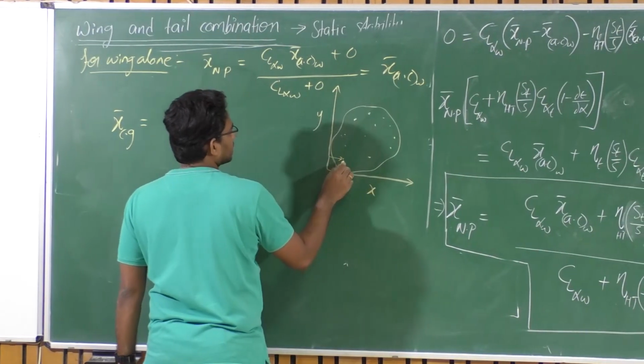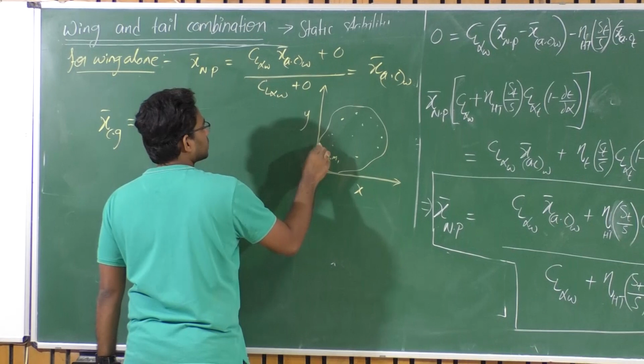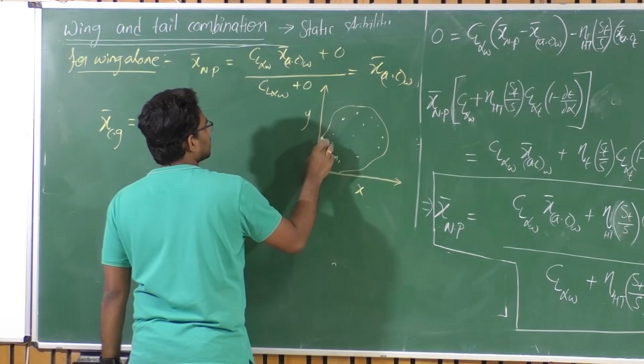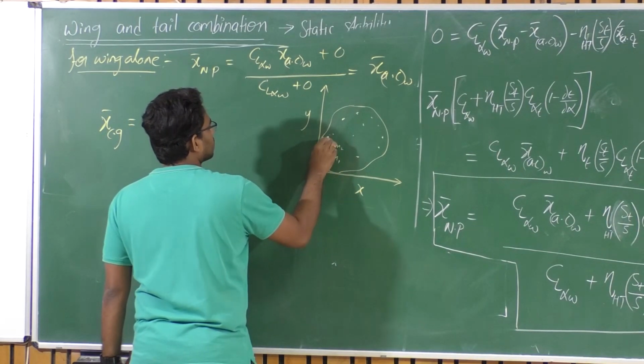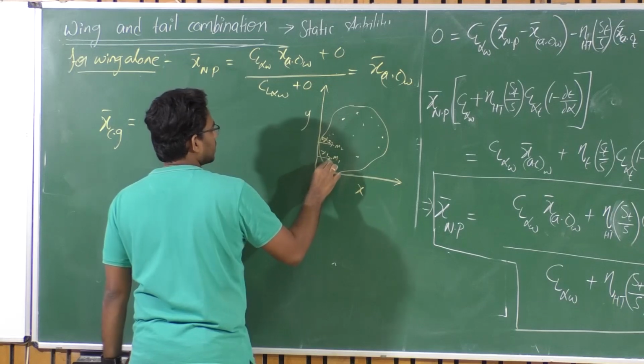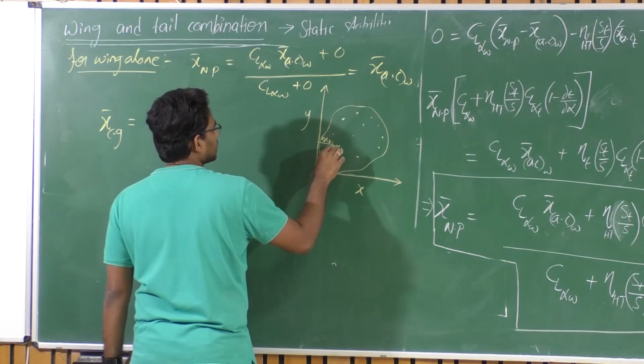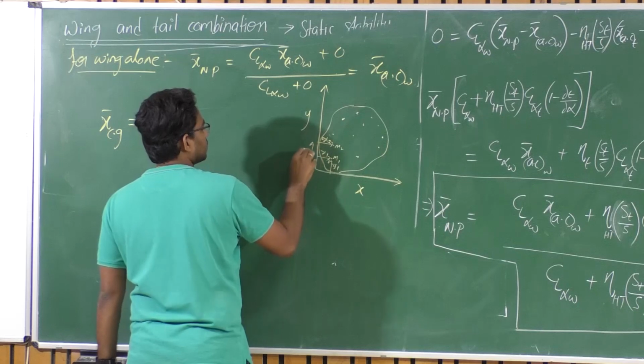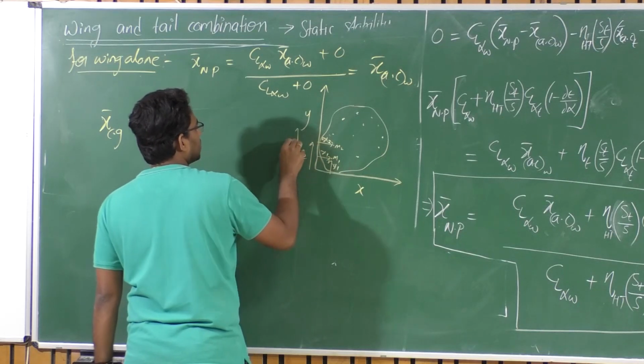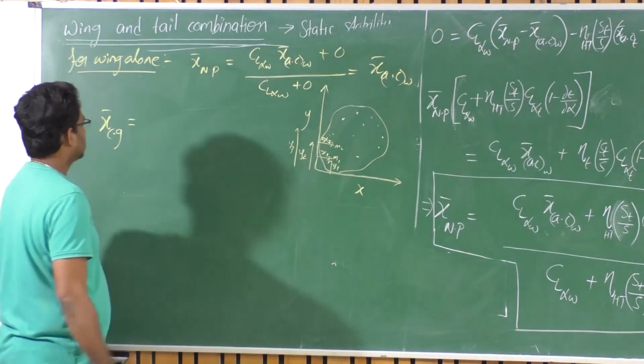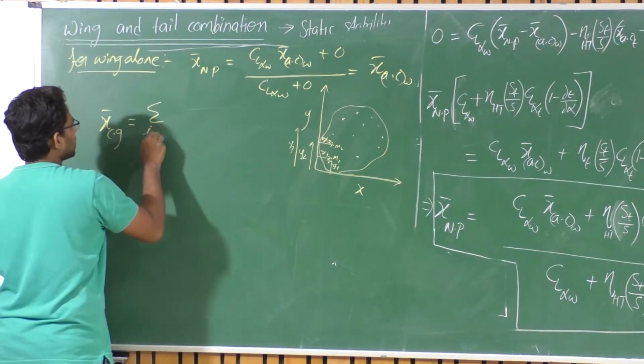M1 is at a distance of x1, M2 is at a distance of x2, and similarly M1 is at a distance of y1 and M2 is at a distance of y2. M3 is at a distance of y3, and so on, right? In this case, sigma i goes from 1 to n.